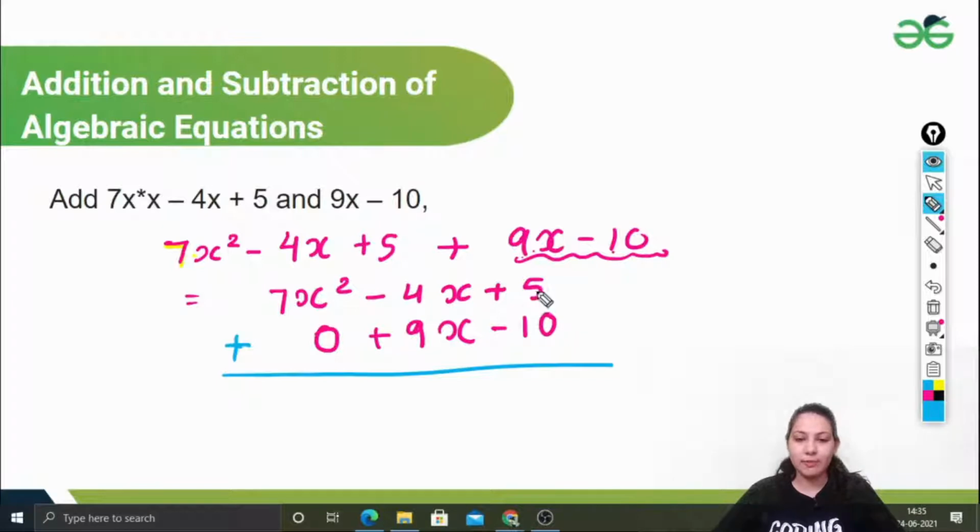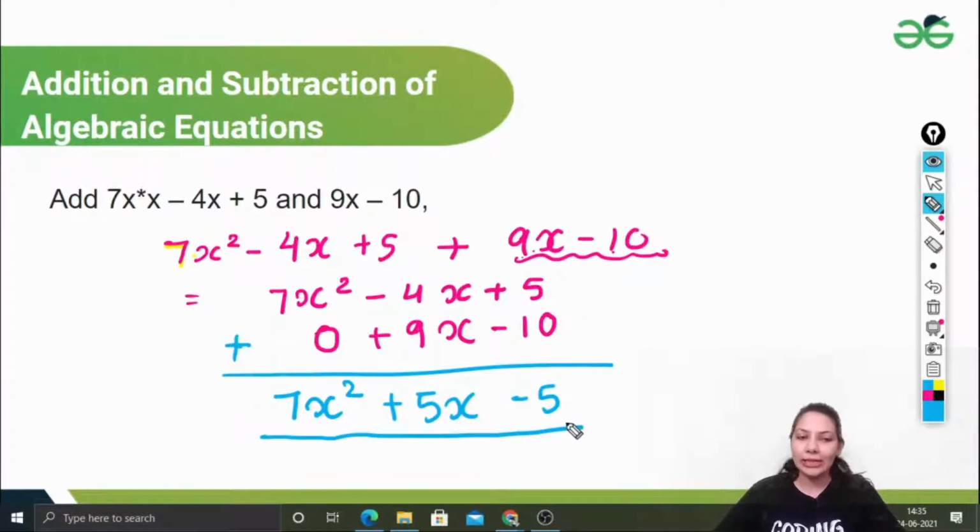Now let us solve this. Plus 5 minus 10 will definitely be minus 5. Minus 4 plus 9 again is plus 5x, and 7x square plus 0 will be 7x square. So just like this we do addition in algebraic expressions. I'm waiting for you to understand and write, and then let us move to the other part.